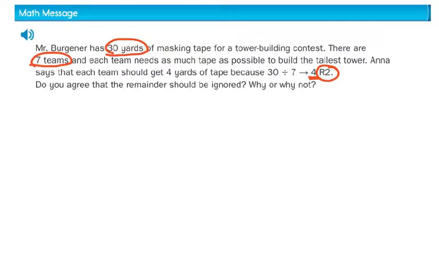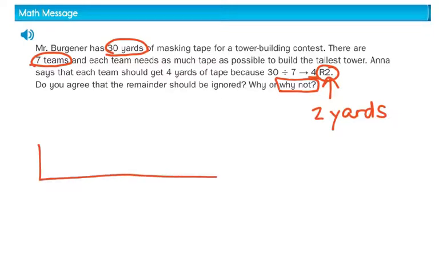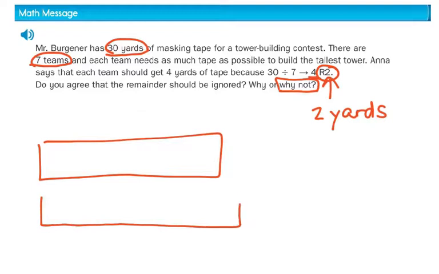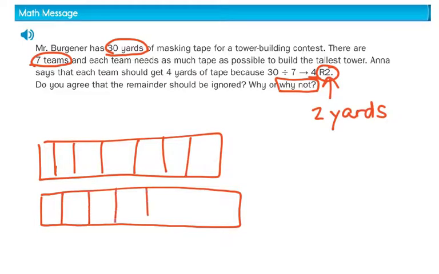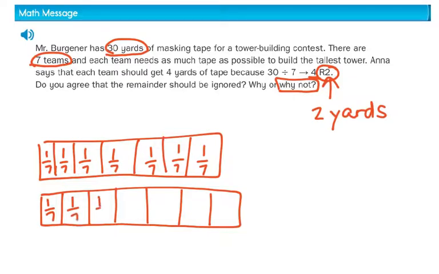Well, I do not think that should be ignored because this tells me that there are 2 yards of tape remaining. There are 7 teams, so they don't each get a whole other yard. But if I took that 2 yards of masking tape, I could divide it into 1/7, 1/7, and so on.